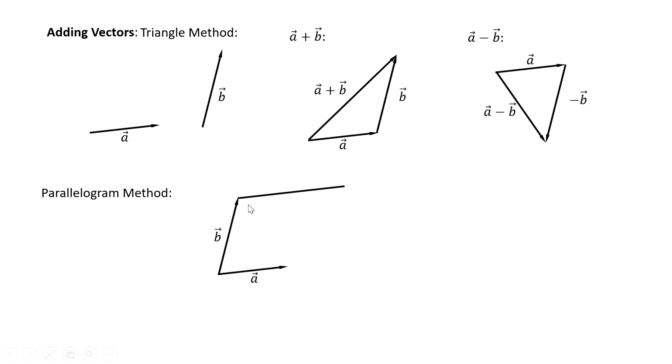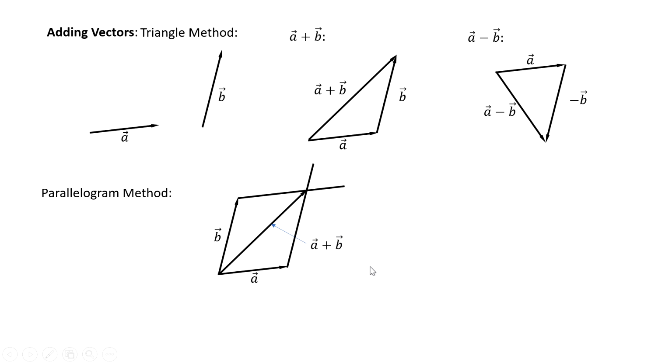At the head of B, a line parallel to A. At the head of A, a line parallel to B. And where they intersect, from the tail to the intersecting point, if you draw a vector, that's going to be your A plus B. Okay? I usually do the triangle method.